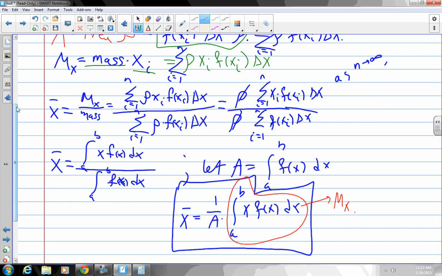If the total height of this thing is whatever f of x is, where's the center in the vertical direction? It's exactly halfway, so it will balance exactly halfway of whatever the y value is. So it's half of f of x times the mass of it, which is f of x delta x. And then to find the actual location, you still divide it by the mass.